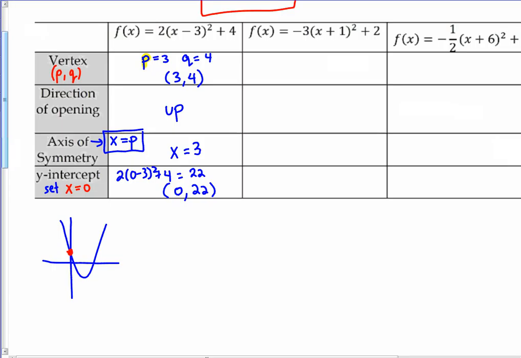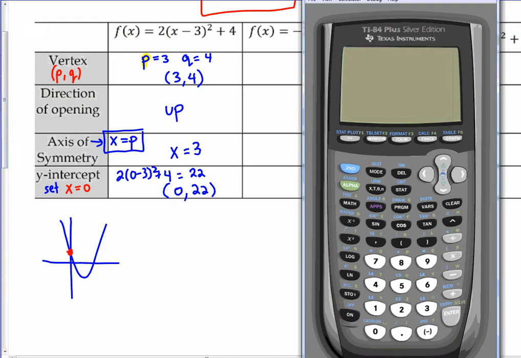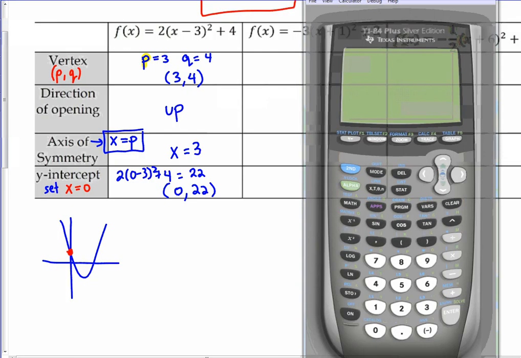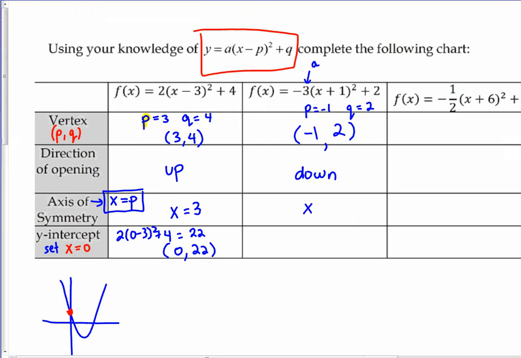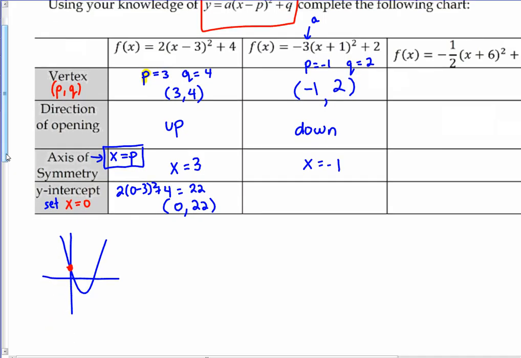Okay, I'm going to get you to try the next one on your own, and then we'll go through it. Try the next one on your own. x equals negative 1. x equals your p value. What did you get for your y-intercept?